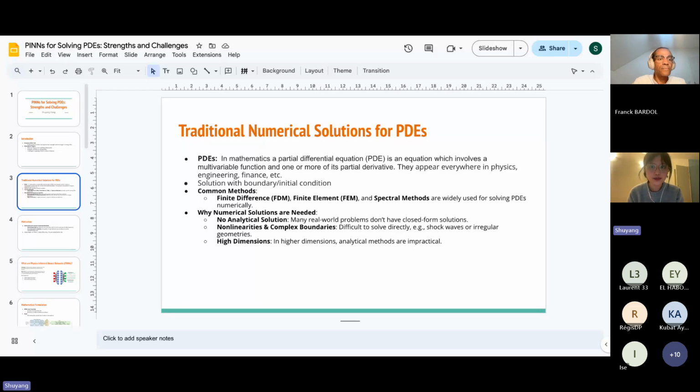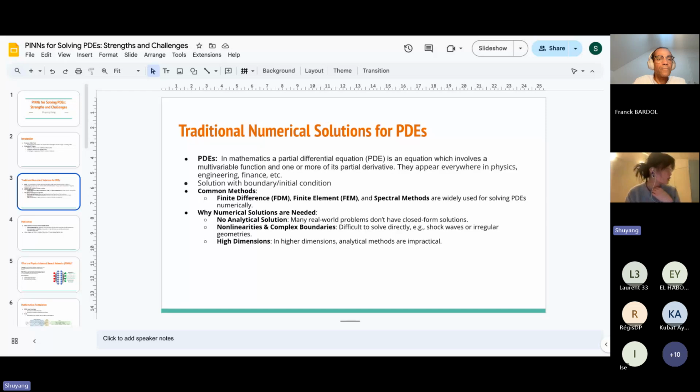And this kind of equation appears everywhere in physics, engineering, finance, etc. For example, you can use an elliptic PDE to describe how a string moves. You can use a hyperbolic equation to describe how a shock wave forms in fluid dynamics.